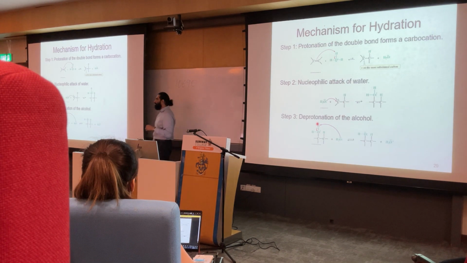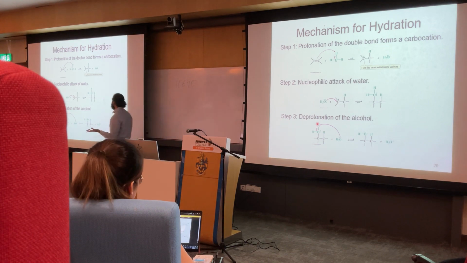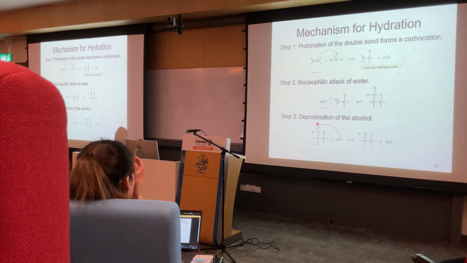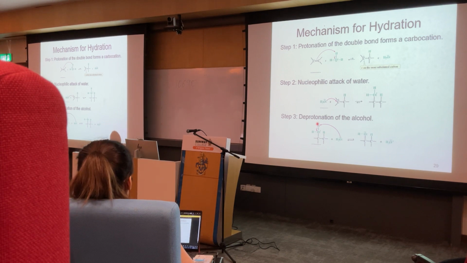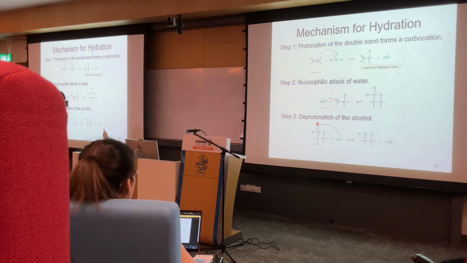Right, so the mechanism of the hydration reaction, which was the addition of a water molecule on alkene, goes like this. It has 3 steps. This is just an addition reaction, so it is not related to E1 and E2, but you will see that this is somewhat the reverse of what we did there.